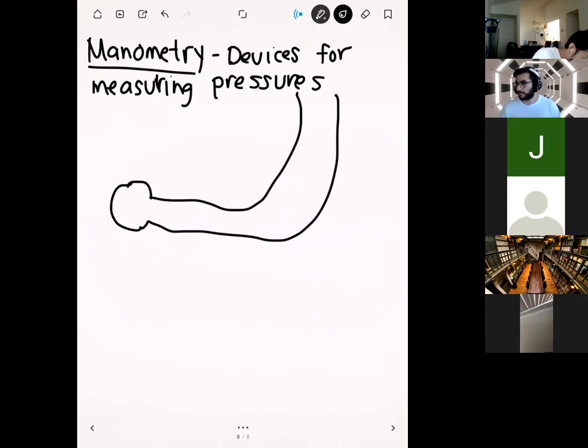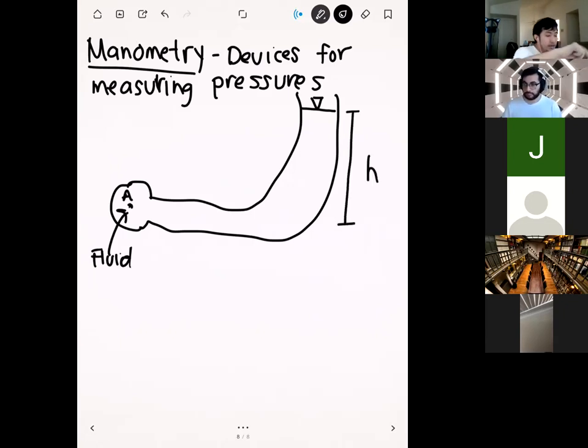You have a tube that's filled with fluid. We'll call this location A. And let's say that we know the height between the free surface, which is given by that little triangle, and that point A. Okay.